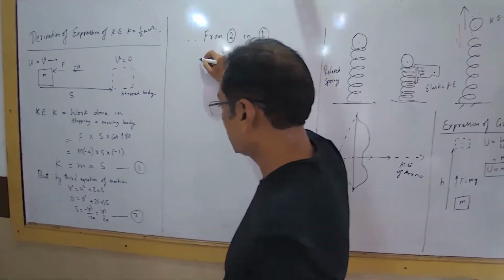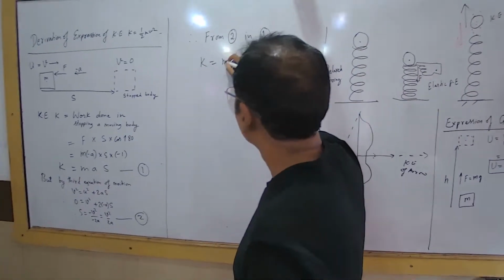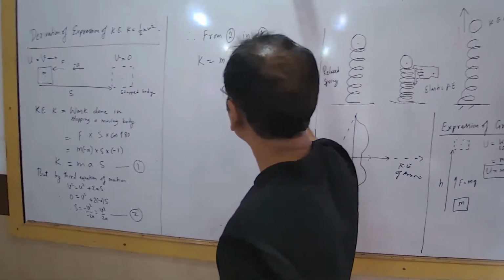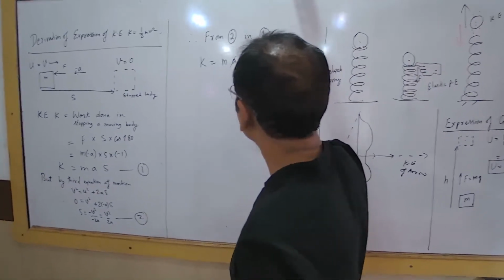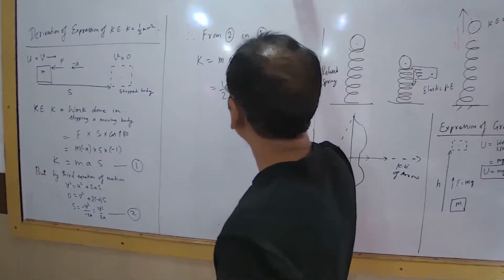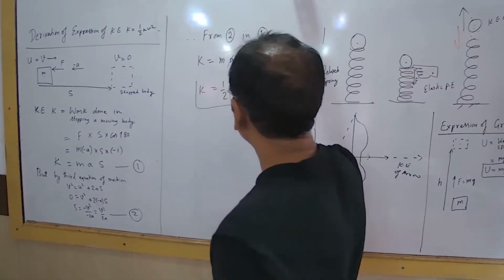Therefore K is equal to, in MKS, what do you have? Is it correct? Yes.